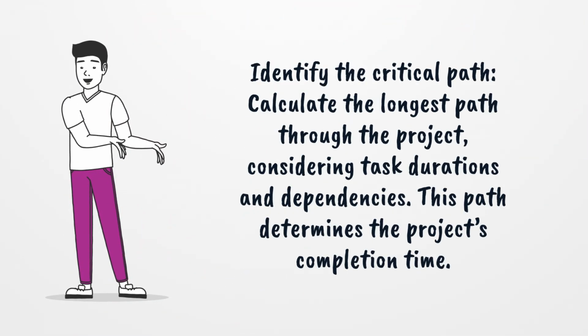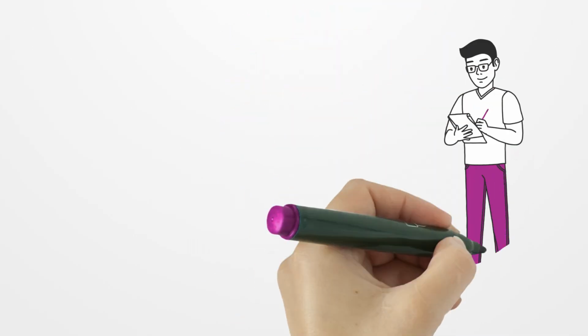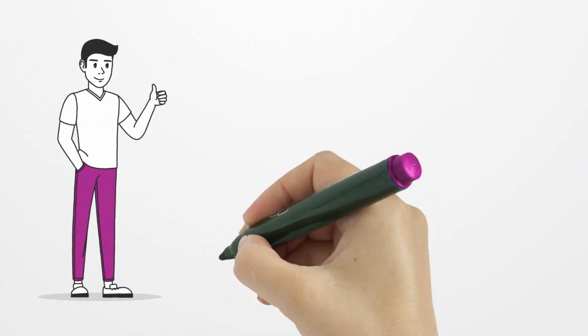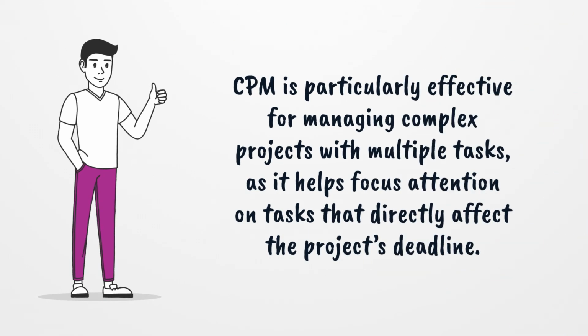Calculate the longest path through the project, considering task durations and dependencies. This path determines the project's completion time. Optimize non-critical tasks. Tasks not on the critical path can be delayed without affecting the overall project timeline. CPM is particularly effective for managing complex projects with multiple tasks, as it helps focus attention on tasks that directly affect the project's deadline.